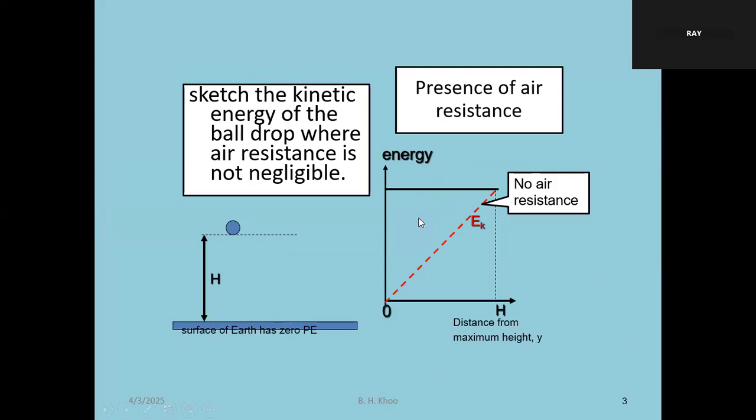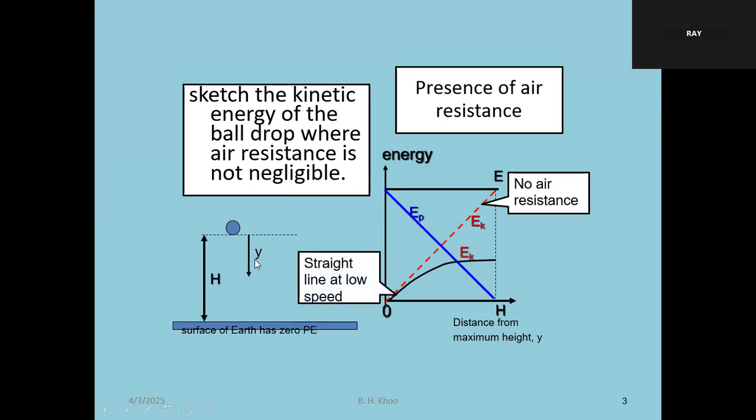Then you need to know how to draw the graph where you drop the object and you measure from where you drop it. So potential energy is maximum. With no air resistance, kinetic energy will be a straight line because potential decreases, kinetic increases.